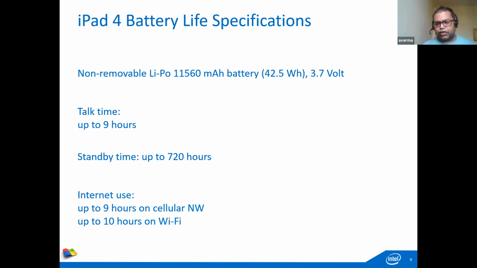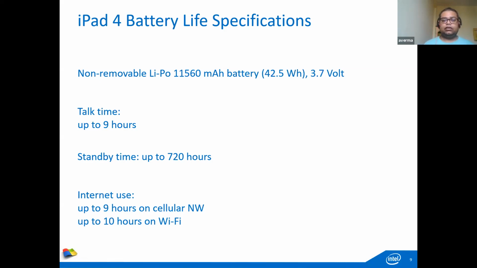Maybe we can just do a quick math on from where this 42.5 watt hour will come. However, so as I said earlier, 11,560 milliampere hour battery, what does that mean is that if you are consuming 11,560 milliampere continuously, your battery will last for 1 hour. Okay, now how to convert into the watt hour, right?